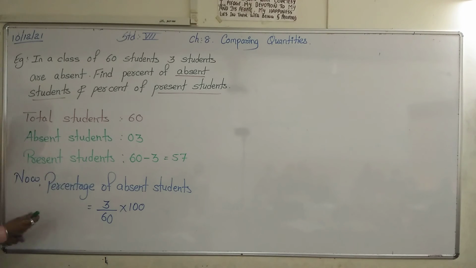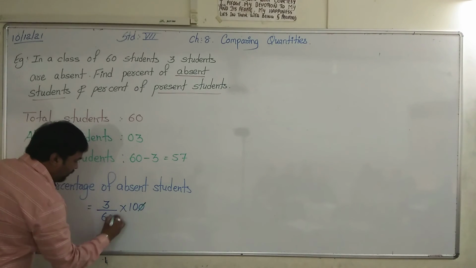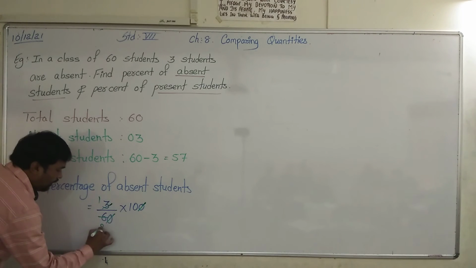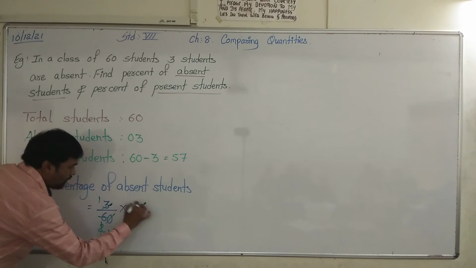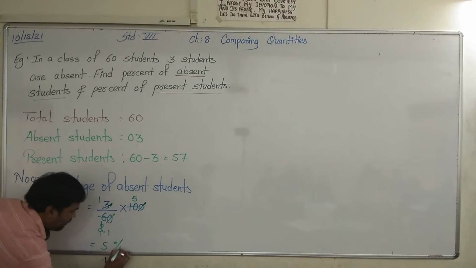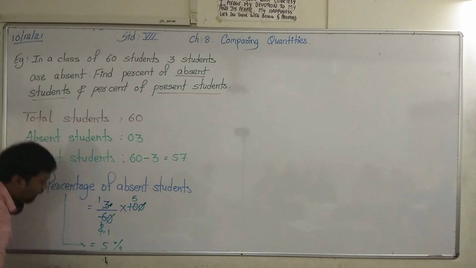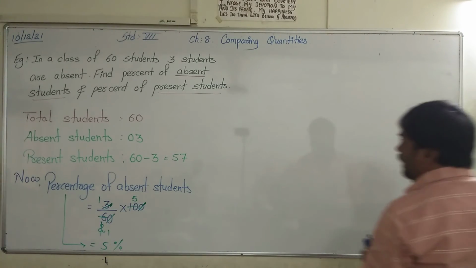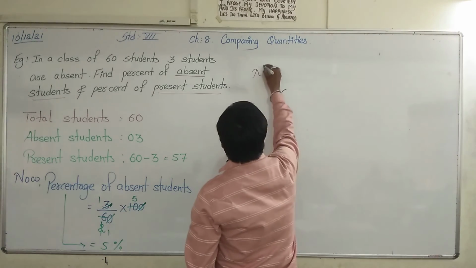Cancel whatever you can. 0, 0 cancel. 3 ones are 3, 2s are 2, 1s are 20, 5s are 100. Which is equal to 5%. So the percentage of absent students is 5%.